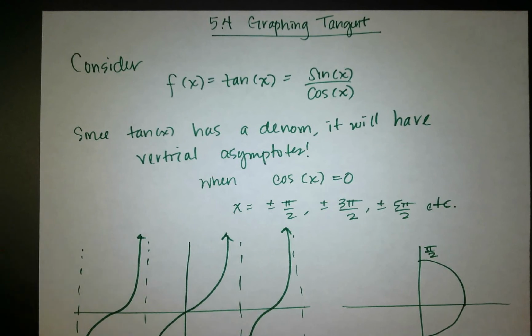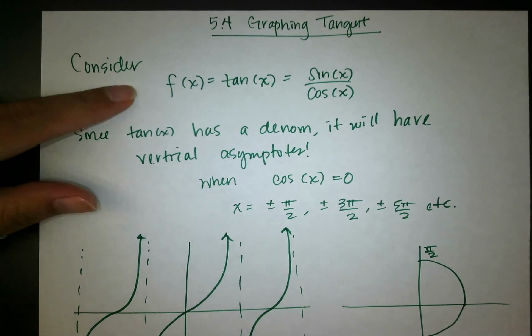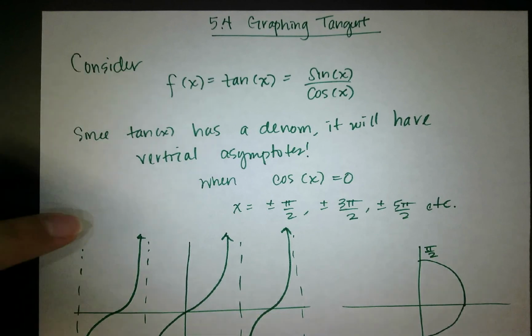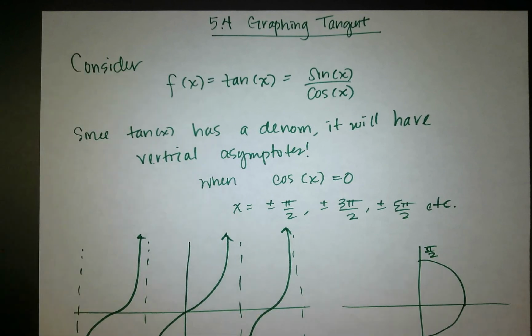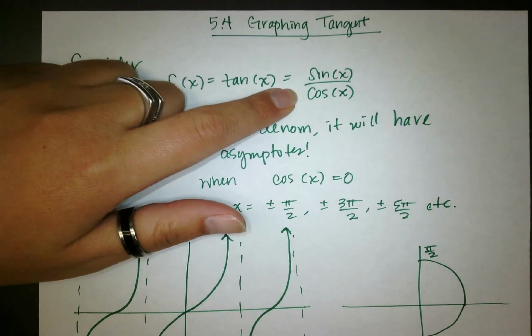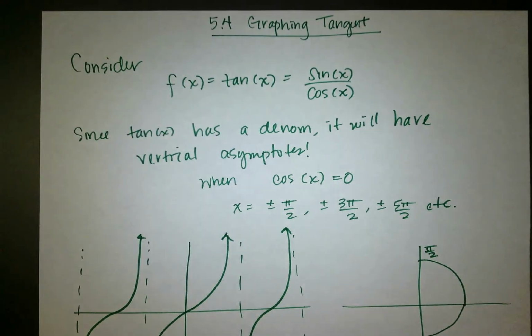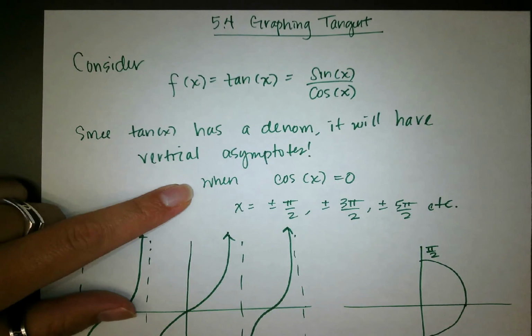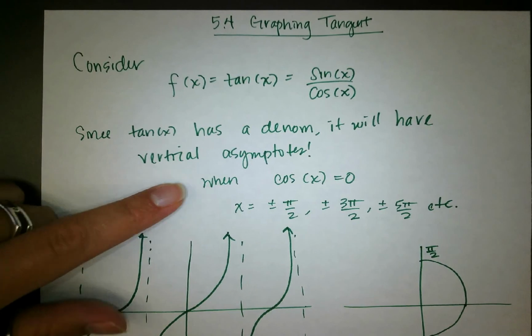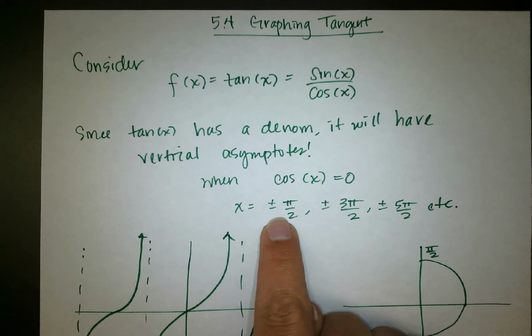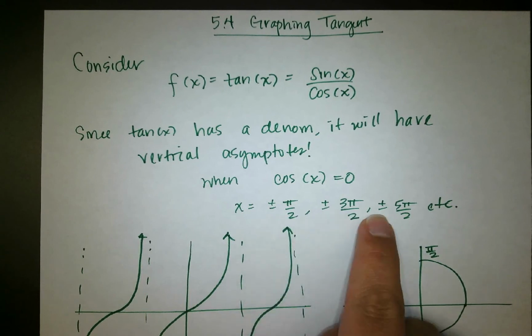Alright, so here we have a tangent function, and tangent is equal to sine over cosine. Since tangent has a denominator, it will have vertical asymptotes. Remember, x in the denominator means vertical asymptotes. So that's when the cosine of x equals 0. When is your denominator equal to 0? That means which pi is cosine 0 at?